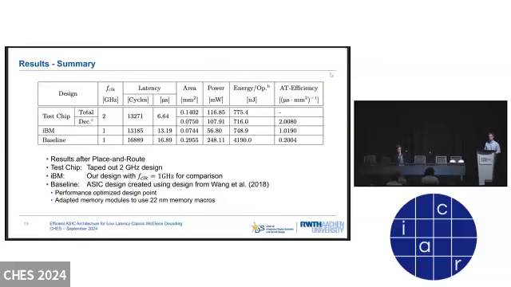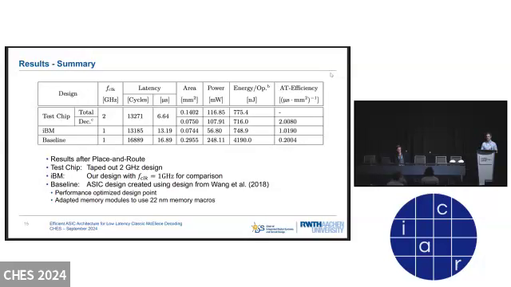Shown here is a summary of results of our test chip, as well as our decoding design labeled here IBM, with a clock frequency of 1 gigahertz for comparison purposes, as well as a baseline design at 1 gigahertz. The baseline design here, again, is the FPGA design from Wang et al. And because the authors mentioned that it's possible to reuse their open source Verilog code to create an ASIC design, we did just that.